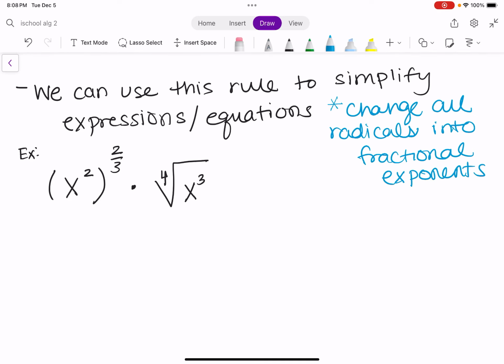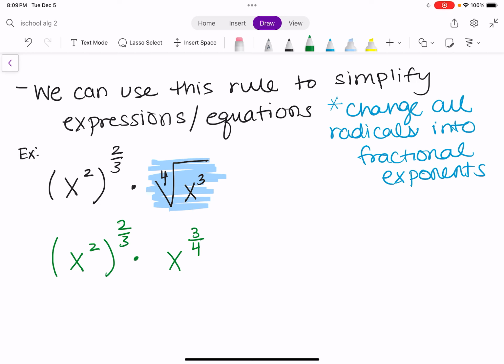So the first thing I want to do is rewrite this as a fractional exponent. And I have to remind myself the inside goes on top. So this is the same thing as x to the power of 3/4. And then I'm going to copy down everything else.